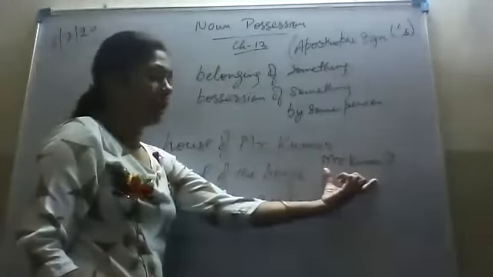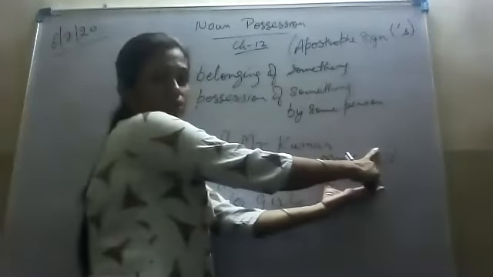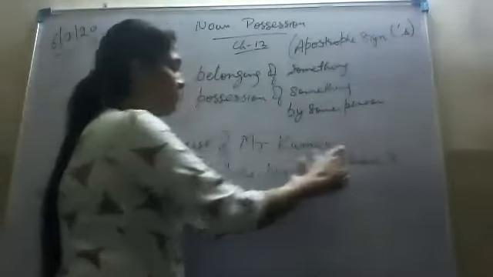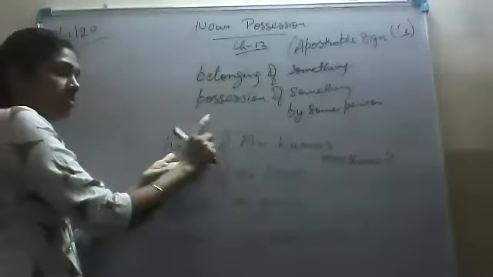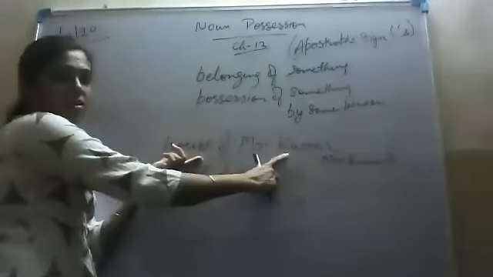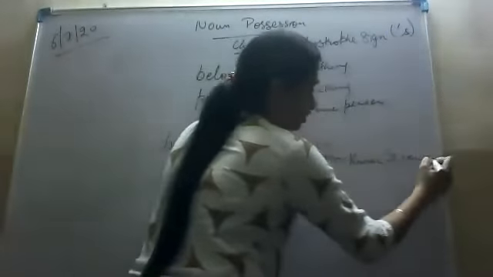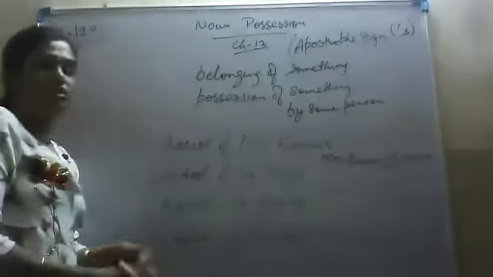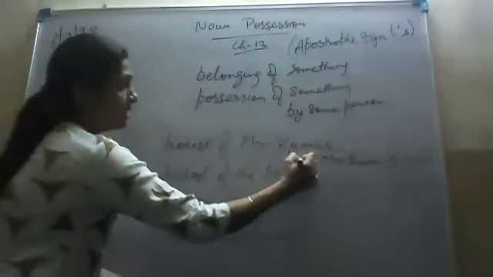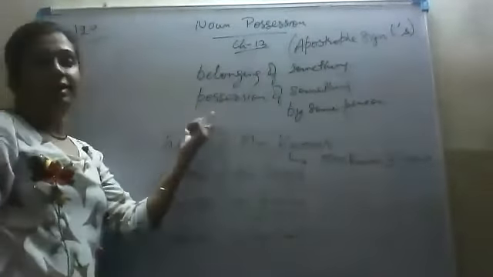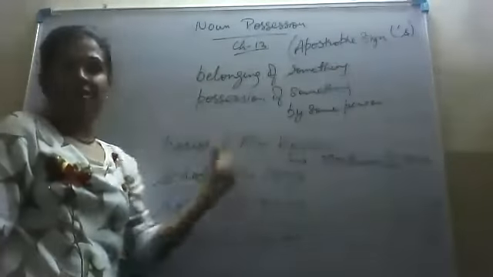Then we put an apostrophe sign and then write the name of the thing which is possessed by this person. You should have written this apostrophe s, which is very important as we are learning how to write an expression using the apostrophe sign.